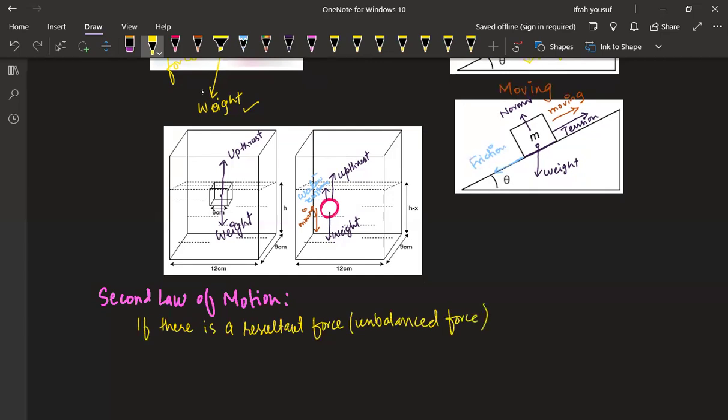Then the object will accelerate in that direction, or we can say in the direction of the force. So this concept can be enhanced.